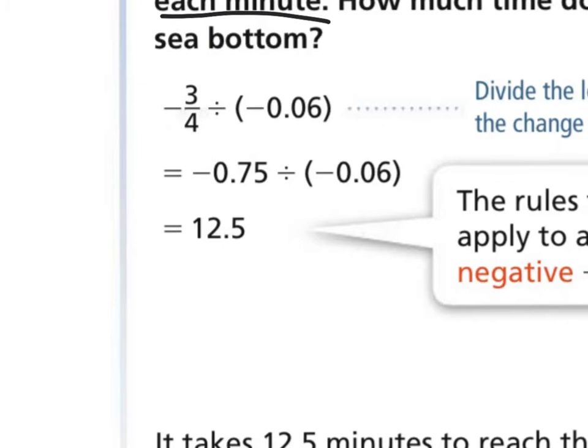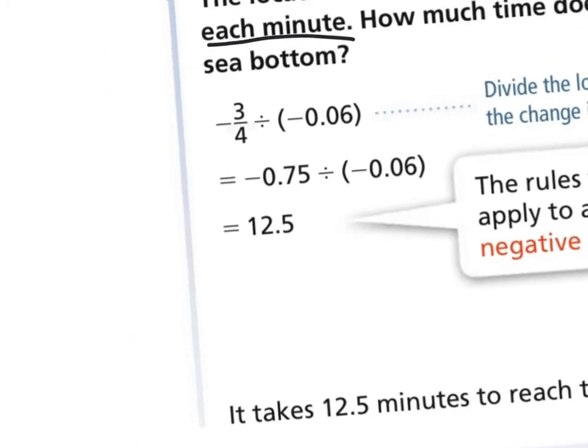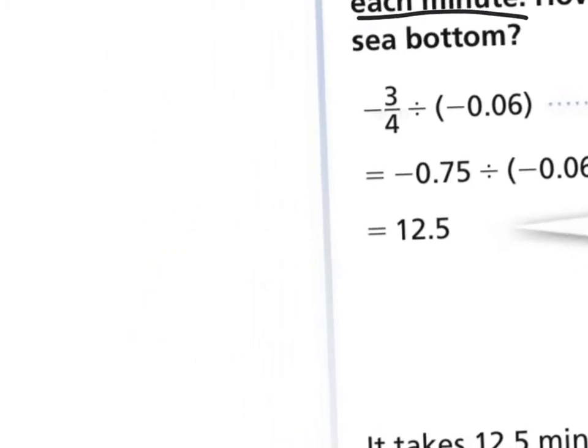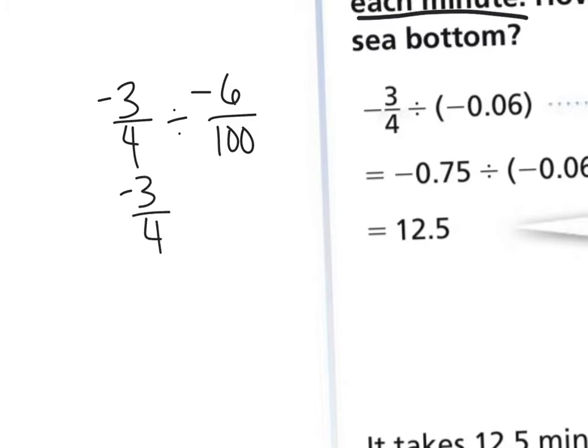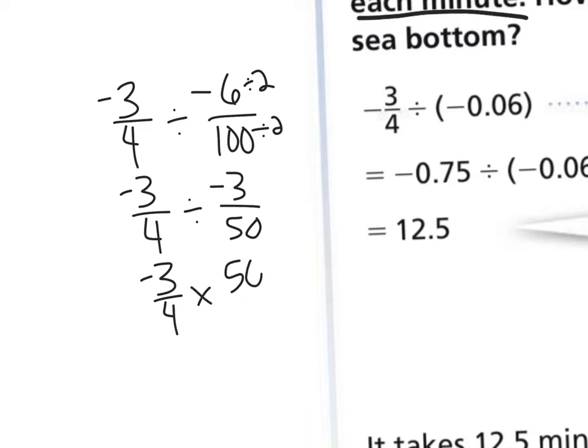They went ahead and changed the fraction to a decimal. I would probably change the decimal to a fraction. If we do that, it's negative 6/100. If you want to, before you start working that out, you can actually reduce that to negative 3/50. And then we'll keep change reciprocal. And we're going to do a negative times negative is going to be positive.